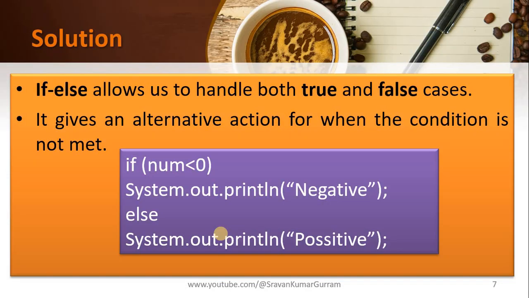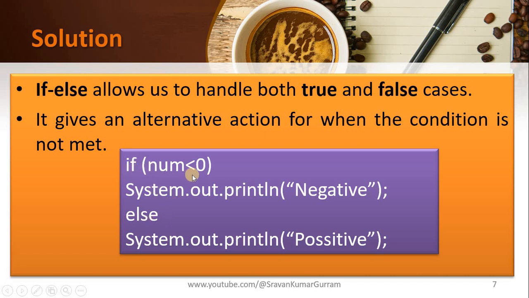Then the solution for this problem is, we can handle that false case with the help of the else statement. When we use if else statement, if the condition is true, the statement or set of statements will be executed. When this condition is false, we are giving some alternative action also with the help of else.